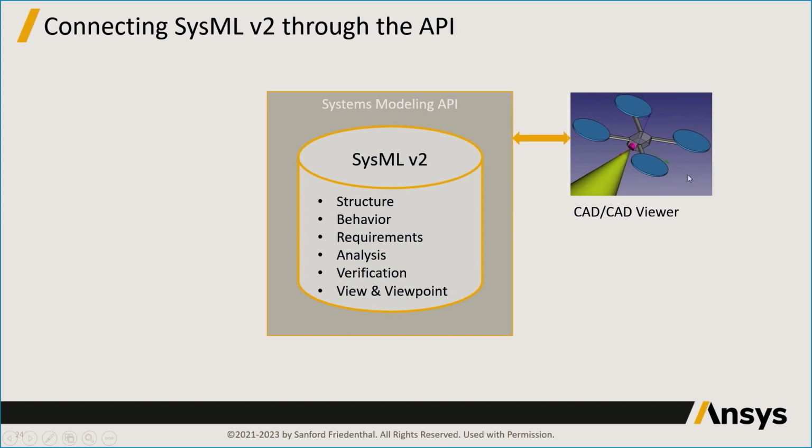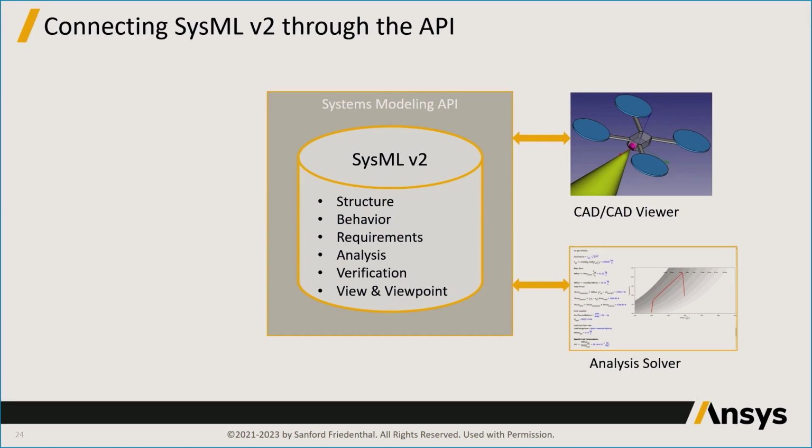So this is an example where we have captured certain information in the SysML v2 model, maybe early in the design process, and then rendered it using this CAD viewer. And as the model evolves in fidelity, then that CAD model may take precedence over the SysML v2 model, but we can continue to provide connections between the elements in the SysML v2 model and the elements in the CAD model.